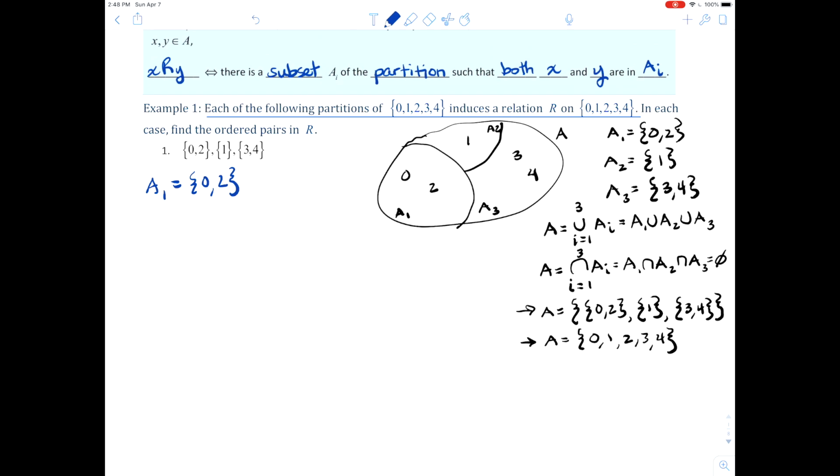So if you take a look at 0 R 2, it is in there, right? Because 0 and 2 are in this set {0, 2}.